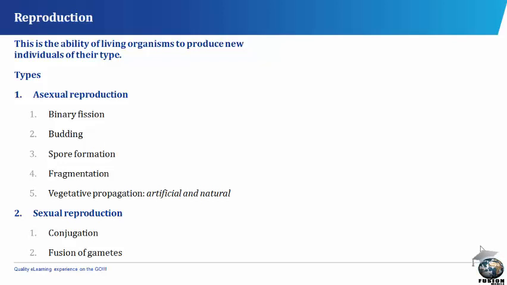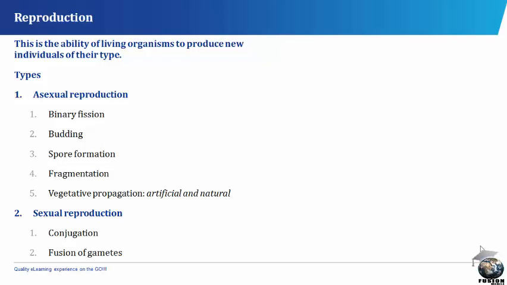Vegetative propagation. This is of two types. We have the natural and the artificial. This occurs in higher plants, during which a new plant grows from any portion of an older one other than the seeds. Stems and roots are modified for vegetative propagation.